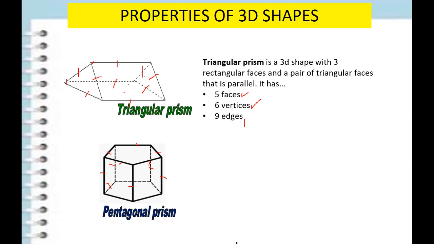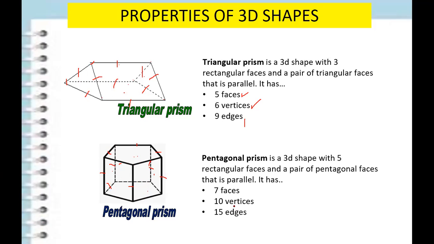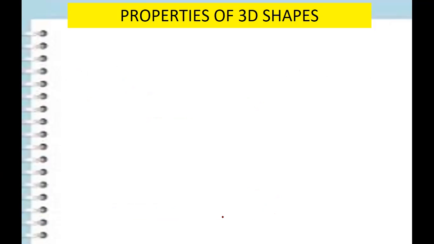Let's count again. So faces 1, 2, 3, 4, 5, and 1, 2, 3, 4, 5, 6, 7. Okay, let's see what I wrote. Okay, 7 faces, 10 vertices, 15 edges. So just count the same way as we are counting here.